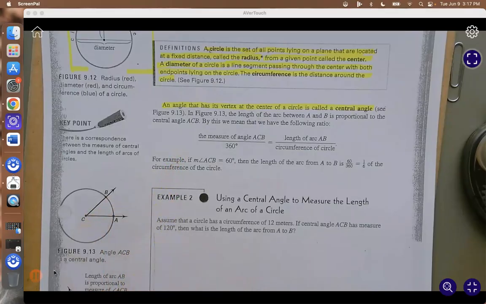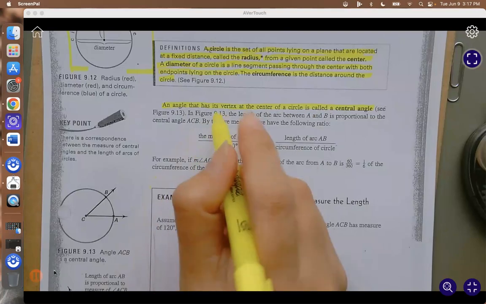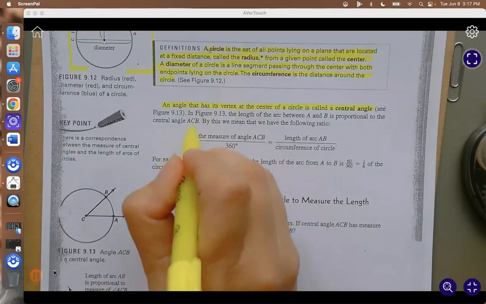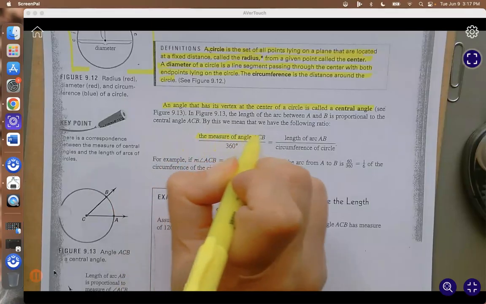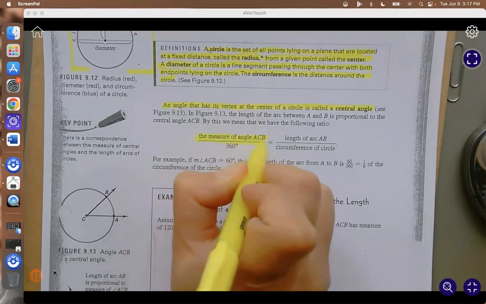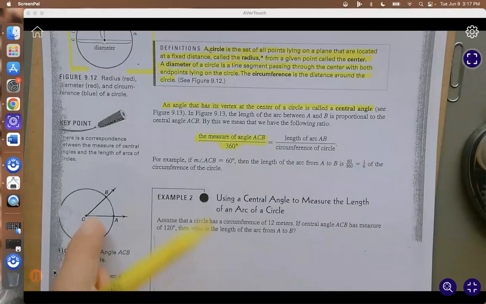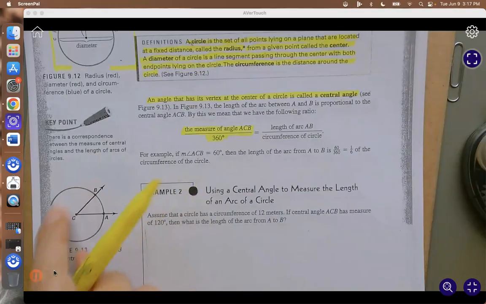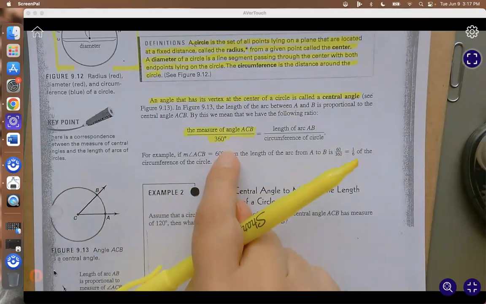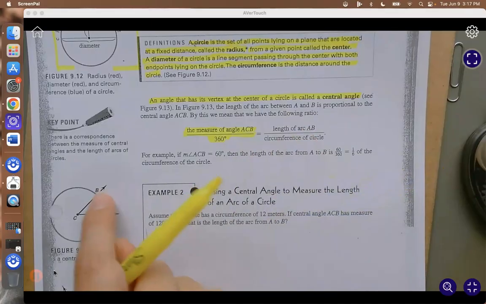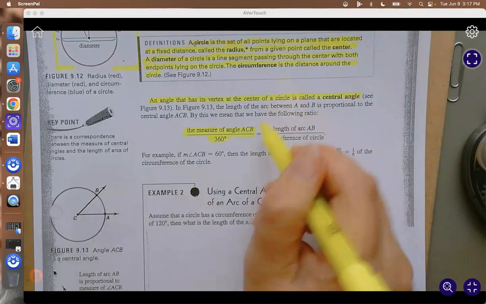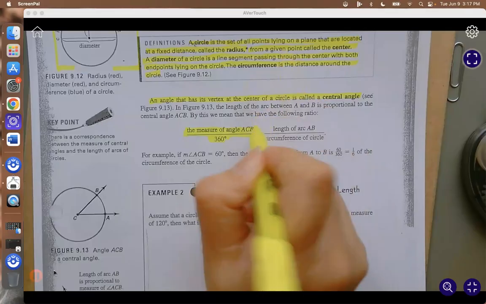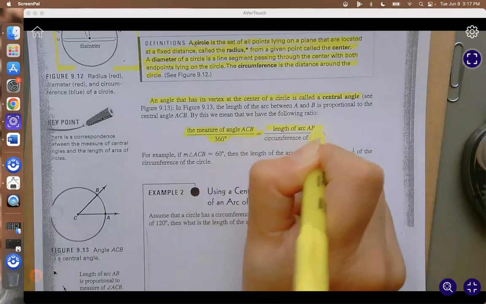So this is the formula. What is the measure of your angle? It's part of the circle out of the whole circle. So this angle out of the whole circle, part out of the whole, then we want to know the length of the arc out of the whole measure, which is the circumference.